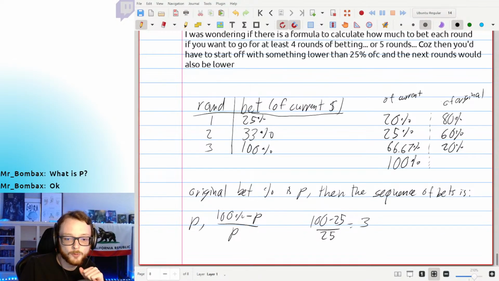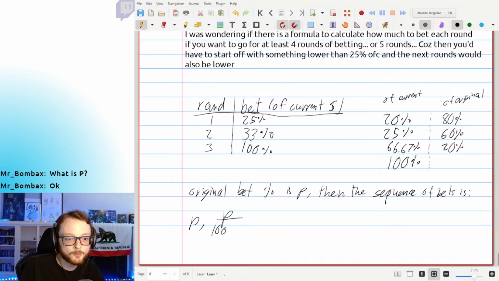That's giving me 3. That's not right. Do I need to flip this to be a third? What if I did 100 minus 20 over 20? That's 4. So I do need to flip this for whatever reason.